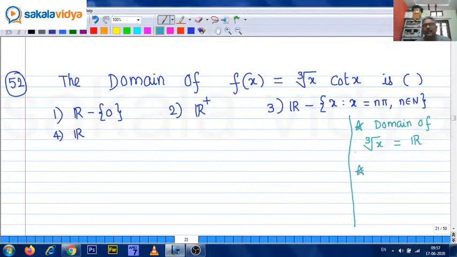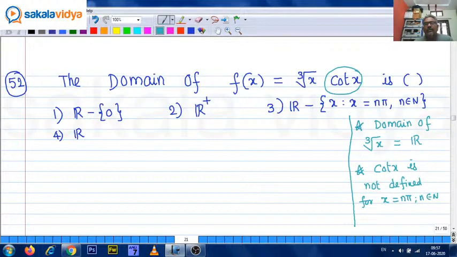Other fact, in order to define the domain of cot x function, cot x is not defined for x equal to 0, pi, 2 pi, 3 pi, 4 pi, like that, n pi, n belongs to N or Z. So except x equal to n pi, x accepts any value here.